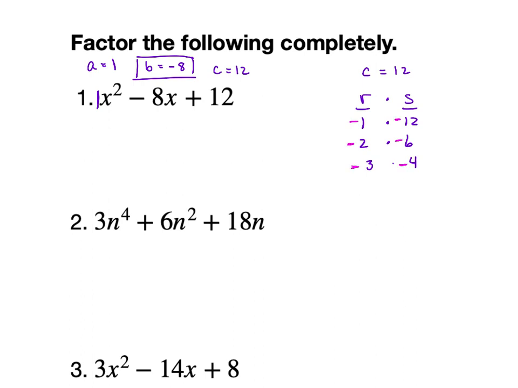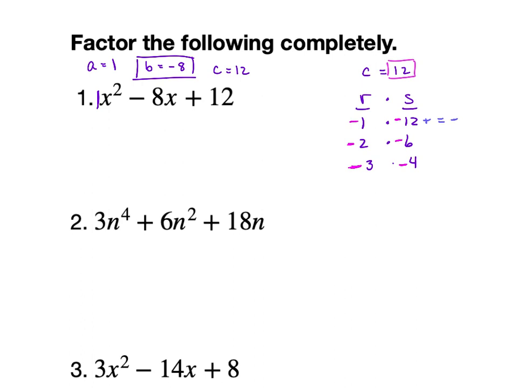They can't have one positive, one negative, because then they won't multiply to be a positive. And the only way we're going to get a negative is if we have at least one negative. So we're going to have both negative to get the positive 12, and that can also give us a negative 8. So let's see what they add up to.